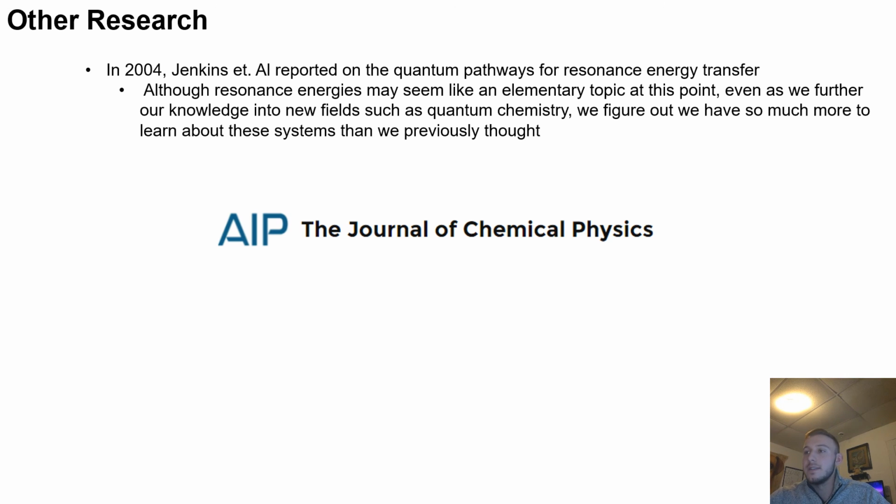And this can be applied to so many different fields in chemistry. And just as we learn more, especially in quantum chemistry, we can reevaluate things that we had thought to be simple prior, and we can begin to understand them on a completely different level that we never had before.